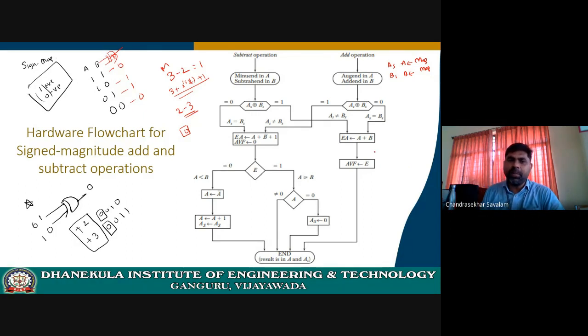So this is the complete flow chart for hardware implementation of sign magnitude addition as well as subtraction, students.